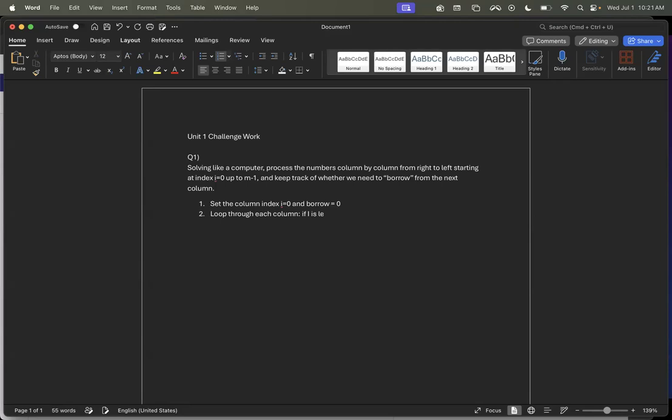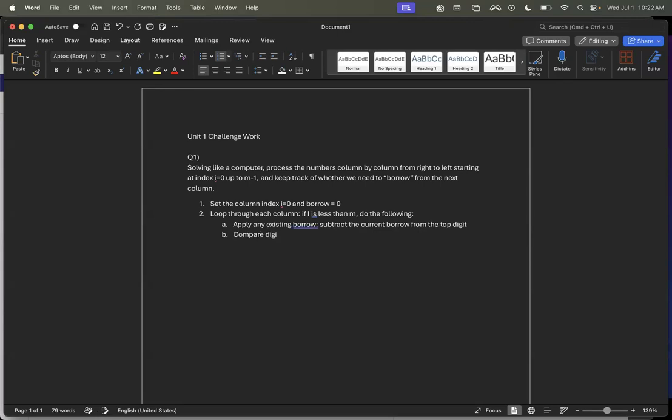If i is less than m, do the following. Apply any existing borrow: subtract the current borrow from the top digit.